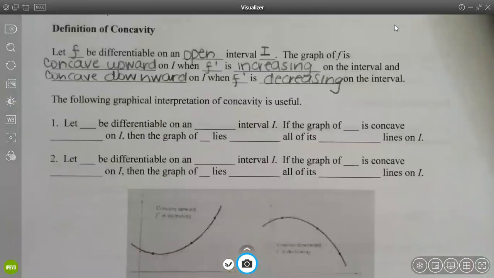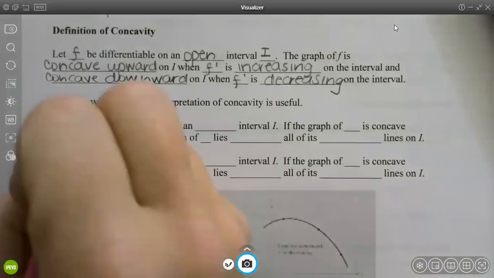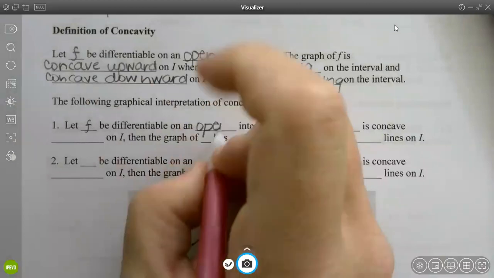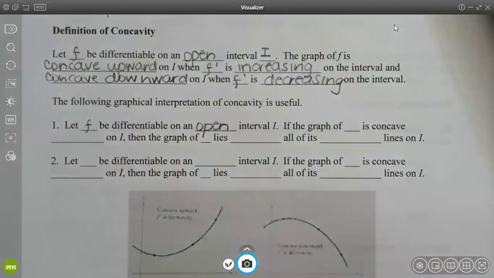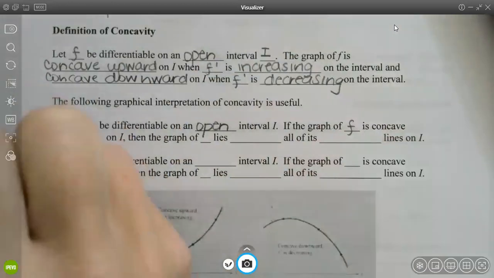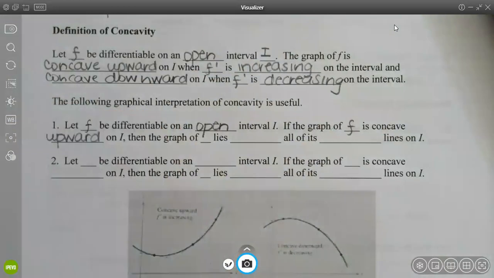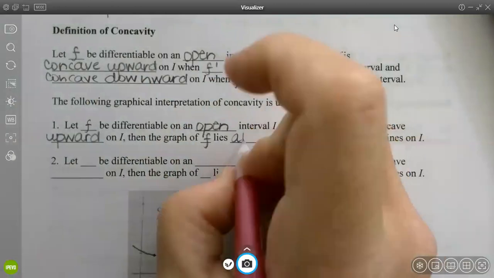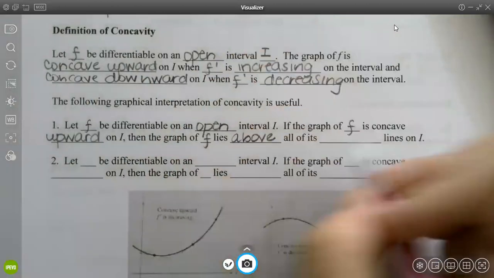The following graphical interpretation of concavity is useful. Let f be differentiable on an open interval I. If the graph of f is concave upward, so this one is concave up, then the graph of f lies above all of its tangent lines.